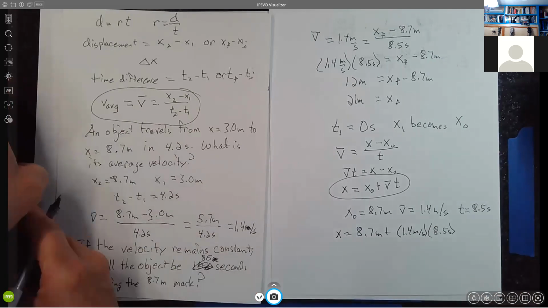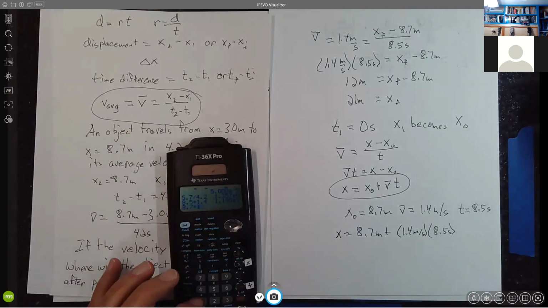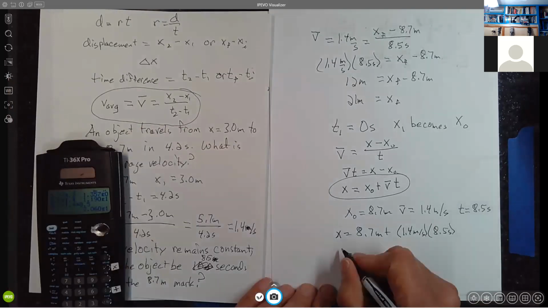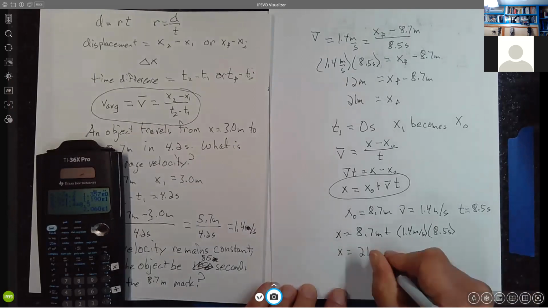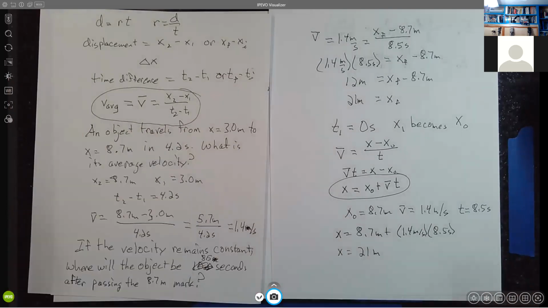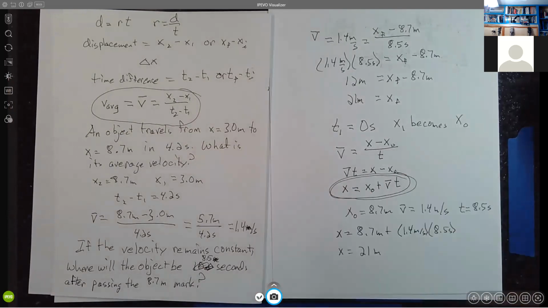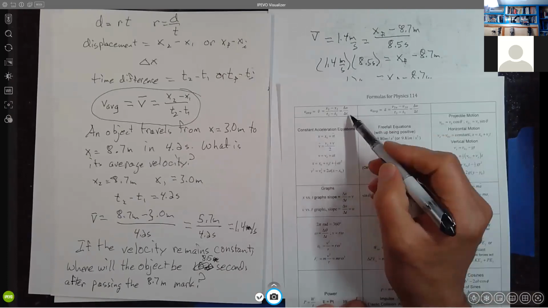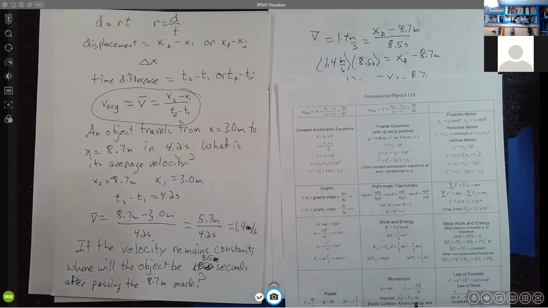And when I do it, 8.7 plus 1.4 times 8.5, I get 20.6, but I can only keep 2 sig figs, so just call it 21 meters. So there. And familiarize yourself with that equation. Again, it's on the sheet here. Here's our definition of v average, but then we can use that in there as well. So that's a constant acceleration equation.